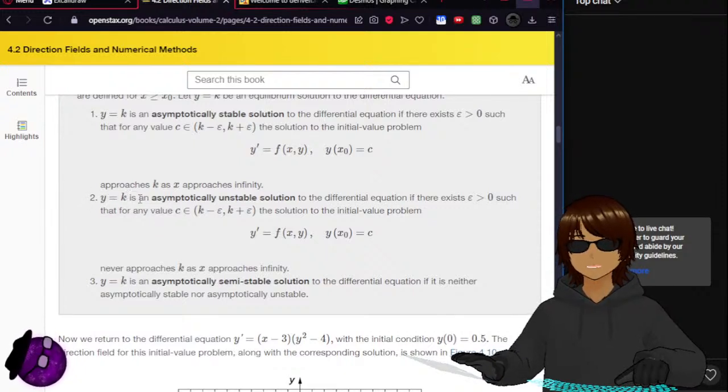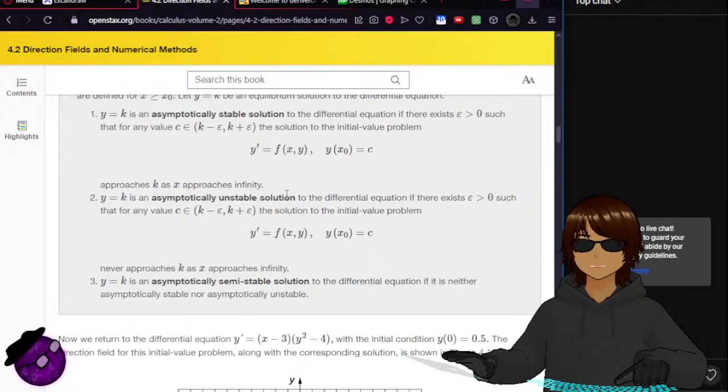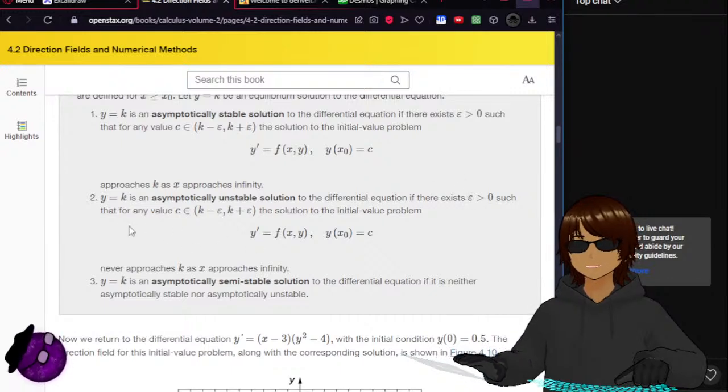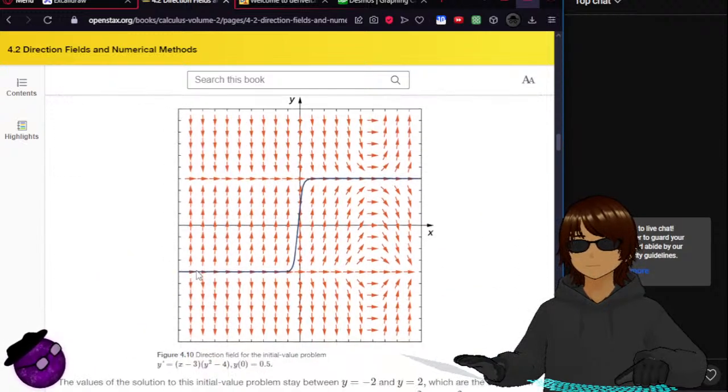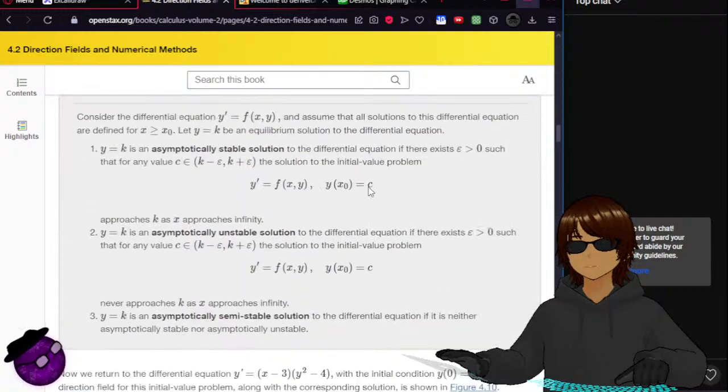y is equal to k is an asymptotically unstable solution to the differential equation if there exists an epsilon more than 0 such that for any value c within this range, the solution to the initial value problem never approaches k as x approaches infinity. Okay.